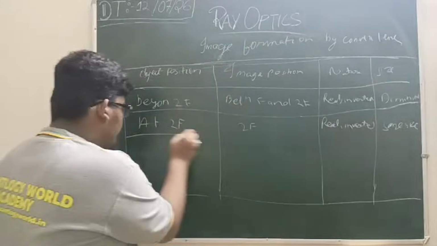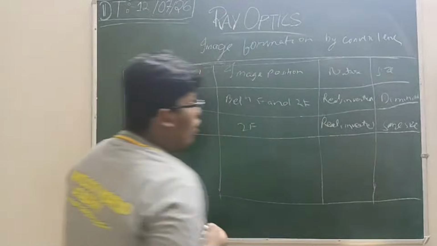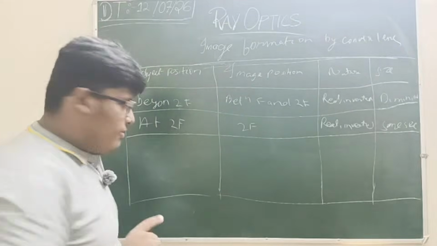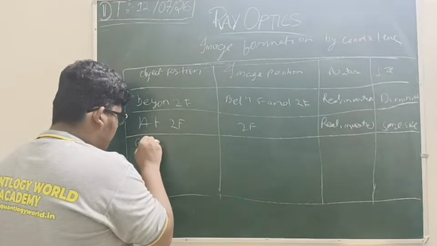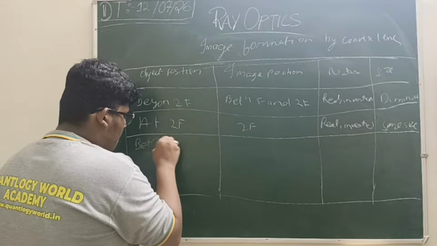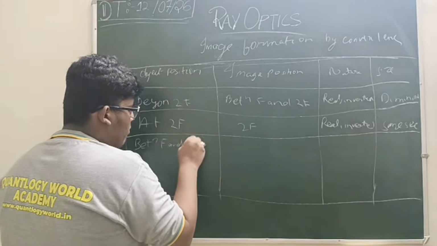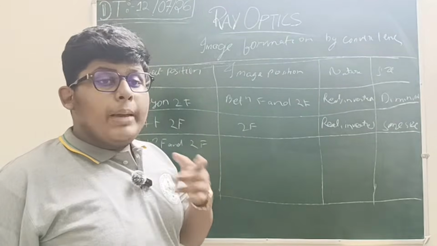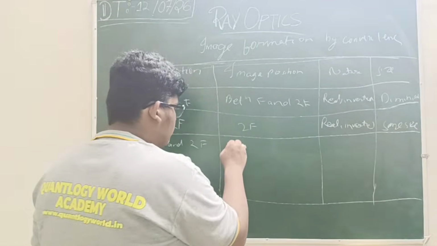Third case, when the object is placed between f and 2f, then the image will be beyond 2f.